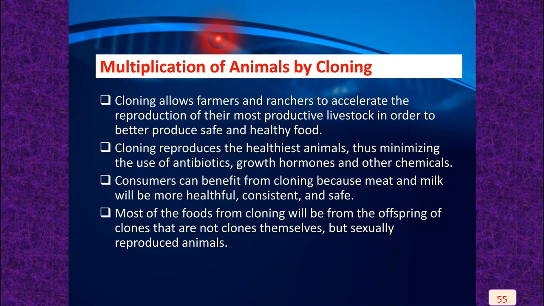It also makes us retain the original genetic trait of that particular animal. Then it reproduces the healthiest animals, thus minimizing the use of antibiotics. Consumers benefit from cloning because meat and milk will be most helpful, consistent, and safe.